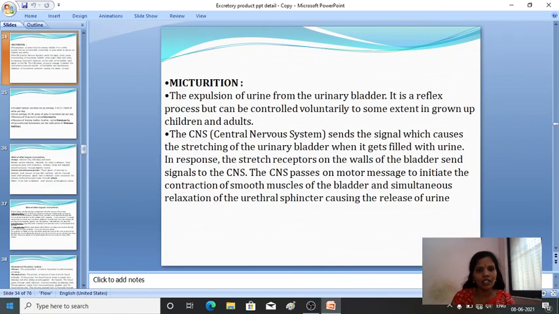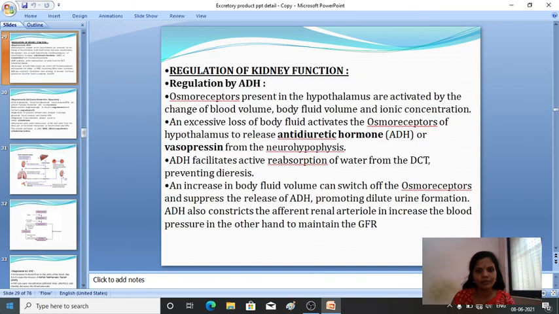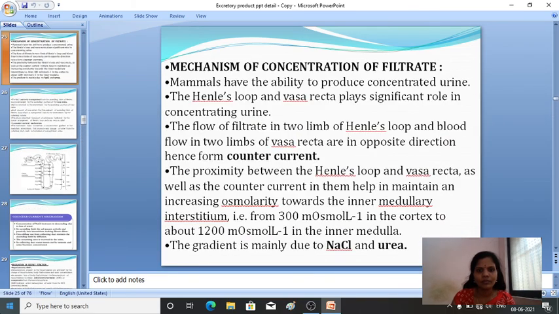So just once I will show you all the slides once again. In today's class, we have discussed the mechanism of concentration of filtrate, the countercurrent mechanism.